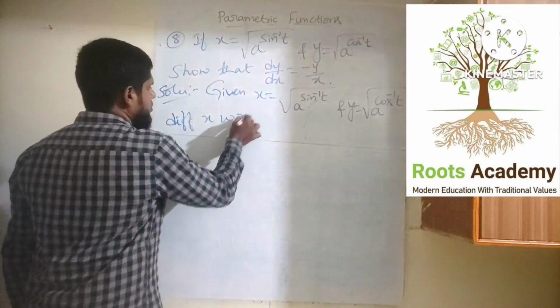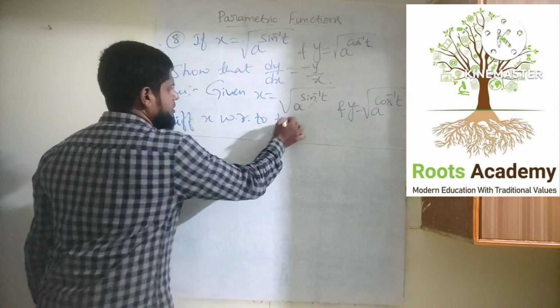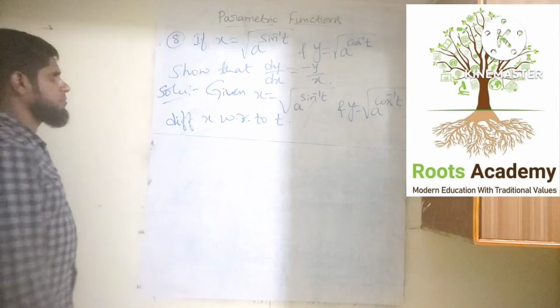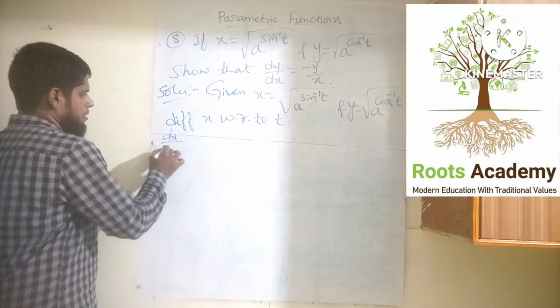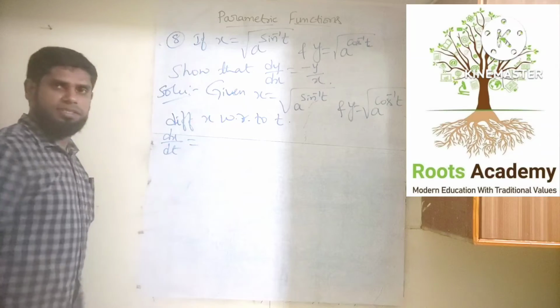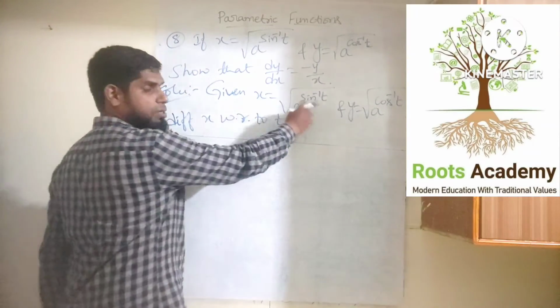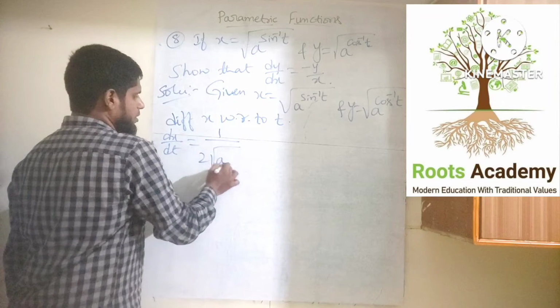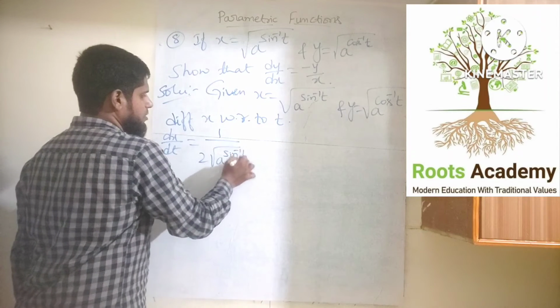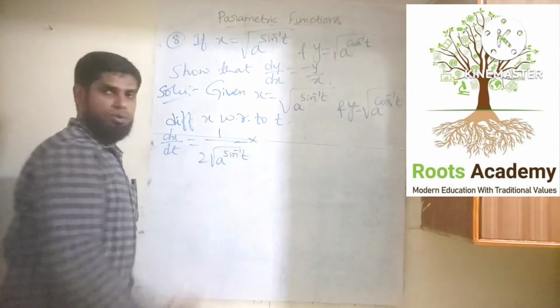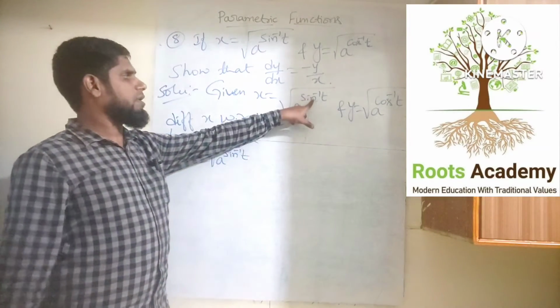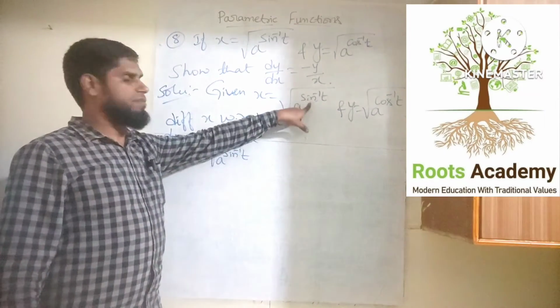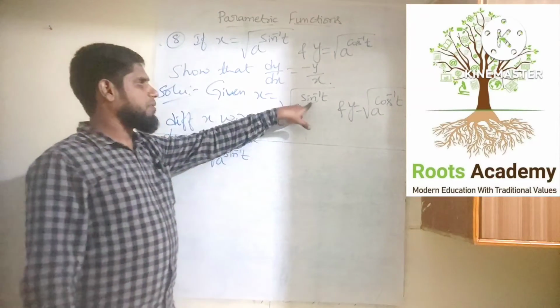Differentiate x with respect to t. So dx by dt is equal to, first root: the derivative of root is 1 divided by 2 root a power sin inverse t, into, next is a power x, a power sin inverse t, so that is considered as a power x.